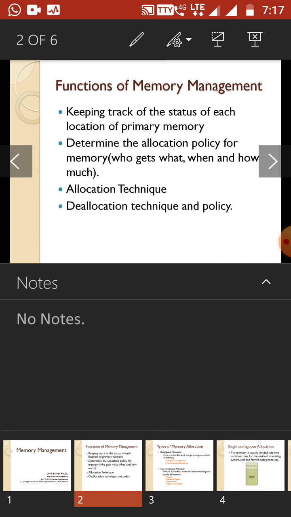The third function is the allocation technique. Which allocation technique is going to be used? In the forthcoming classes, we are going to discuss various memory allocation techniques. Each technique has its own advantages and disadvantages. So the allocation technique is a major module of memory management. And the last one, deallocation.